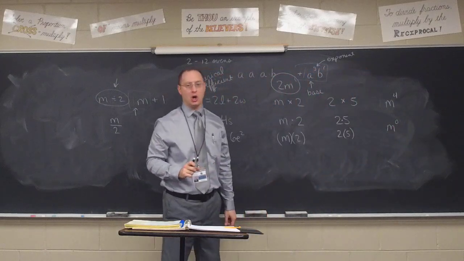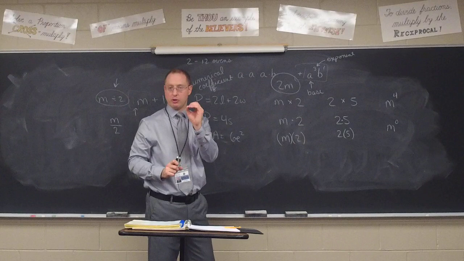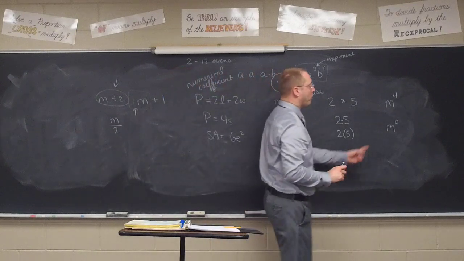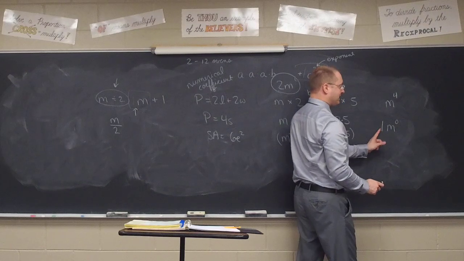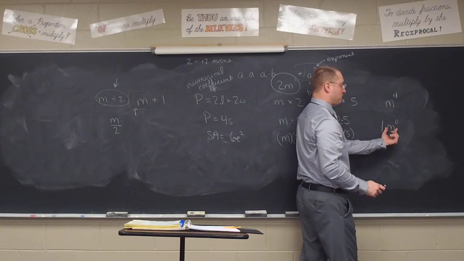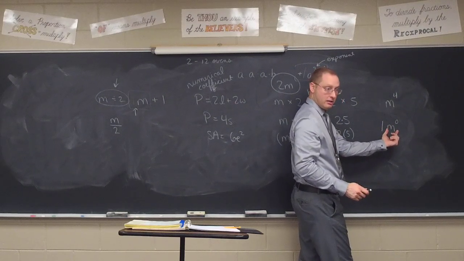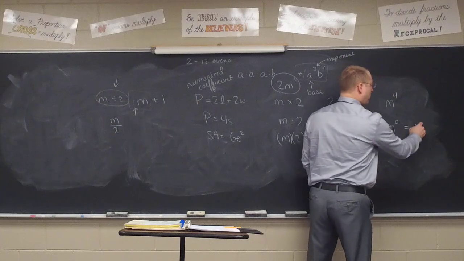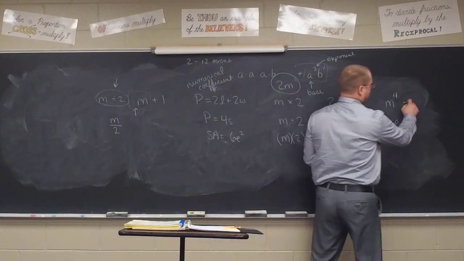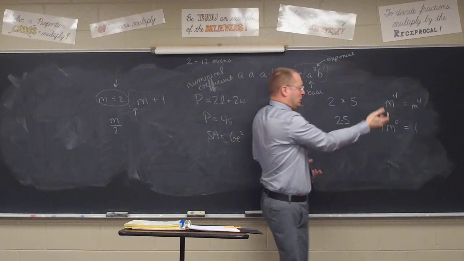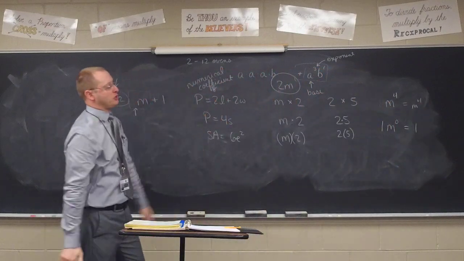How many m's are there, class? 0. There aren't any m's. But what's the numerical coefficient? 1. And 1 times, now it's not 0, it just means there aren't any m's, right? That equals 1. 1m to the 4th equals m to the 4th. 1m to the 0 equals 1. There's always that numerical coefficient of 1.